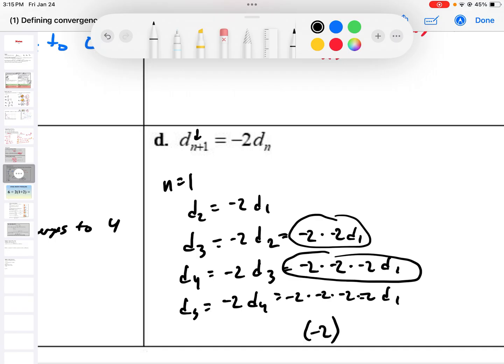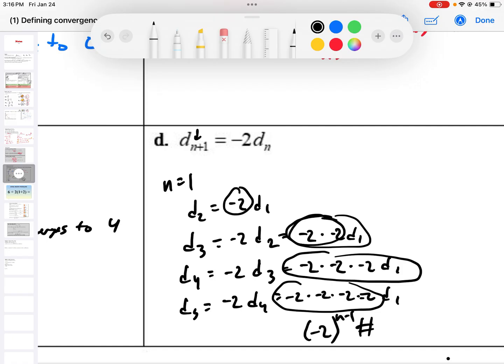So if I wanted to write this out, this would be negative 2 to the, something kind of like n minus 1. The fifth term has 4 of those, so n minus 1 times the term before it, times whatever d1 happens to be. So now I've got to think, is this alternating? It's alternating.